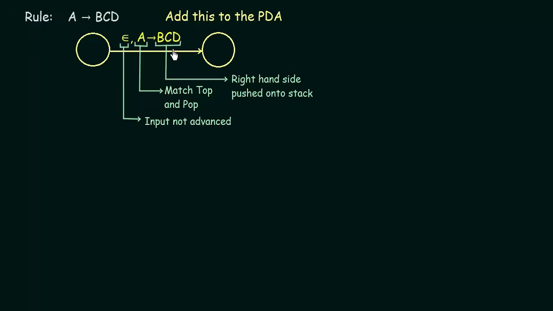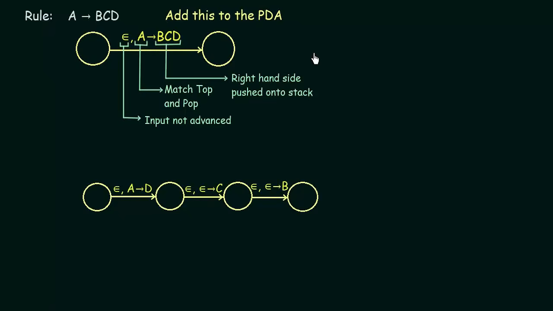So if you want to push BCD to the stack, you will have to make more transitions or more states in order to achieve this, like this. So we see that here this epsilon is this epsilon over here, and then we are matching this A to the top of the stack, and the rule that A is matched over here, and then we are first pushing D onto the stack.